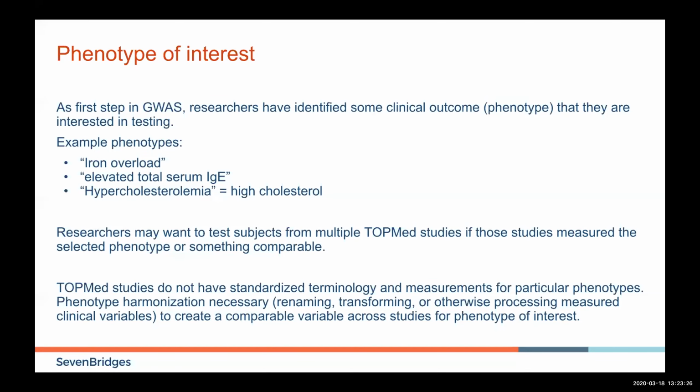However, of the 80 or so TopMed studies, they don't use a standardized terminology and measurements for the phenotype data. So this poses a bit of a challenge in that researchers are most likely going to need to perform some phenotype harmonization, where they go through a process of renaming, transforming, and processing the measured clinical variables across the studies so that they end up with one comparable variable that's kind of like a one-size-fits-all for all the studies they're going to work with.